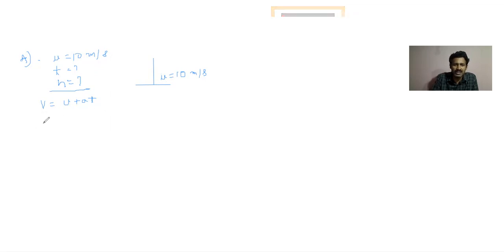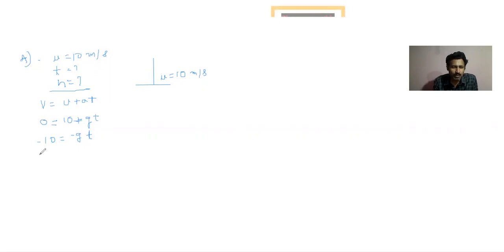So v is 0, equals u, which is 10, plus a, which for an upward projected body is minus g, times t. Taking 10 to this side, minus 10 equals minus g t.